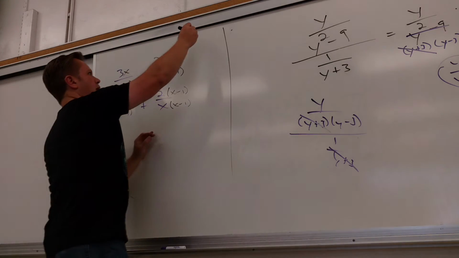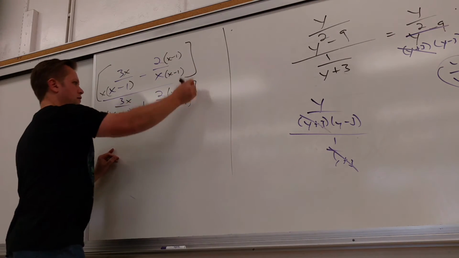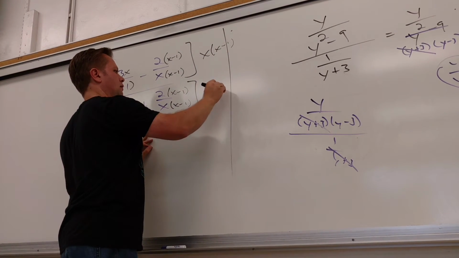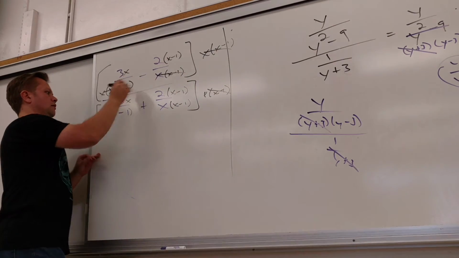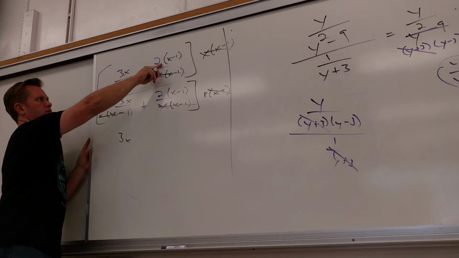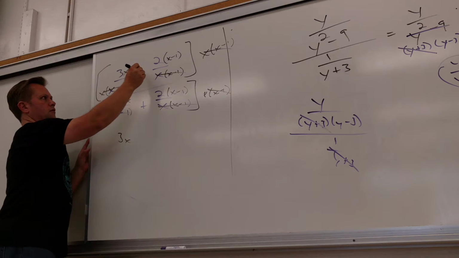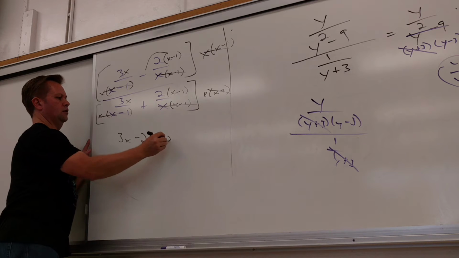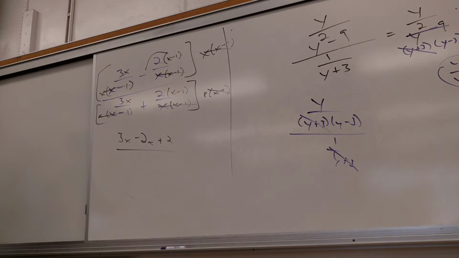So if I multiply the top and the bottom by this, I'm left with 3x. Now be careful here, right? Minus 2x plus 2 over. I really want you guys to see this.